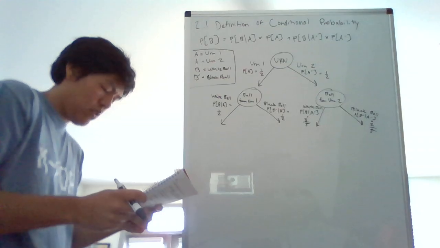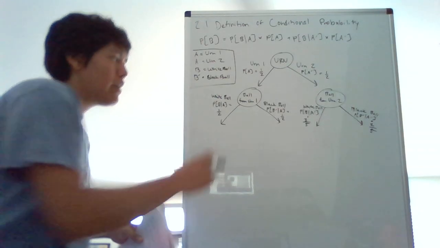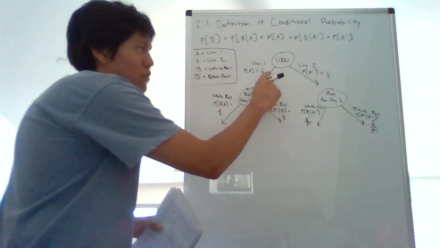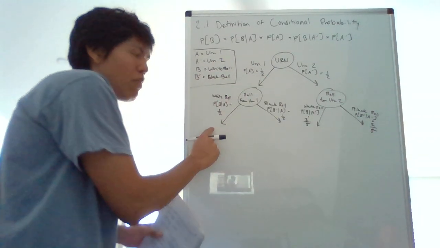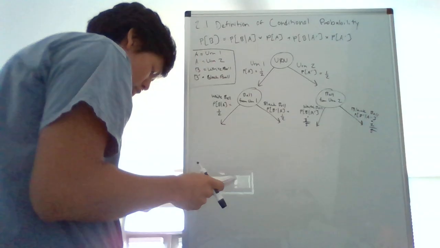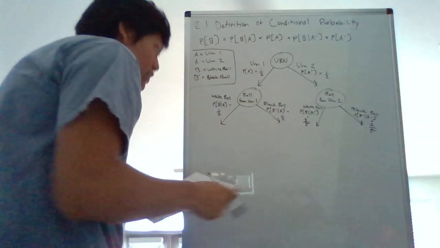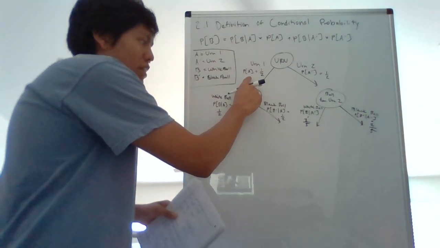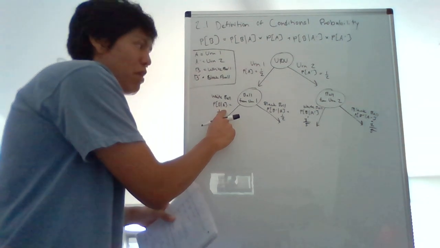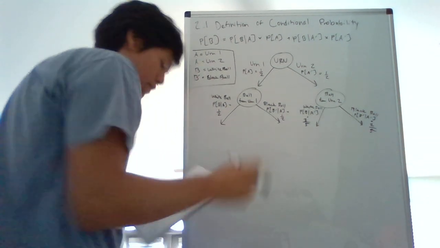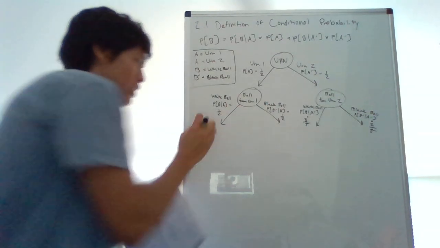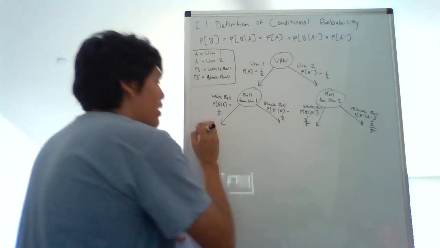So let's go in this direction first. We chose urn 1 and we picked up a white ball. Then, since we already have the probability of A and we have the probability of B given A, the only thing left to solve for is the probability of B intersect A.